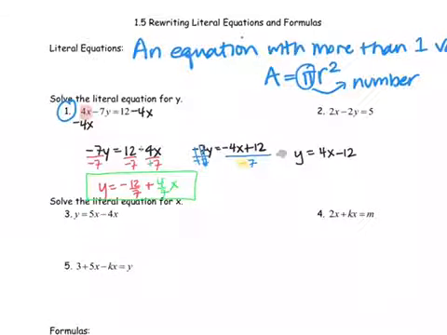They would want you to distribute the negative along the top and make that a positive 7. I don't really care if you do that. You could leave it with a negative 7 on the bottom for now.